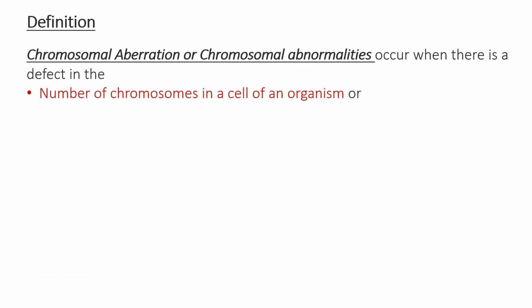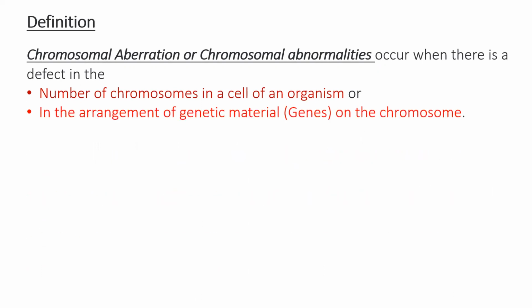Now, chromosomal aberrations or chromosomal abnormalities occur when there is a defect in the number of chromosomes in a cell of an organism or in the arrangement of genetic material, that is genes, on the chromosome.